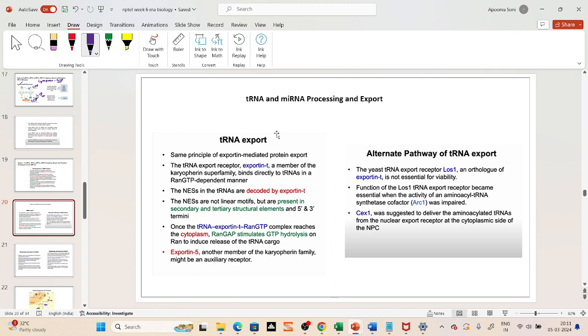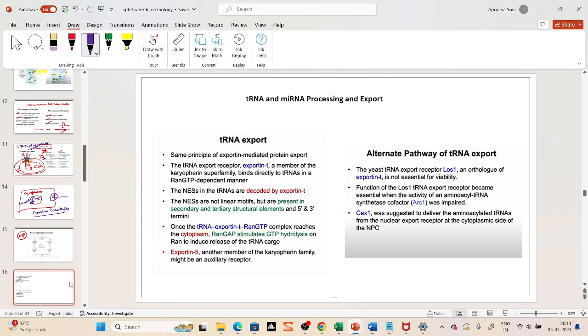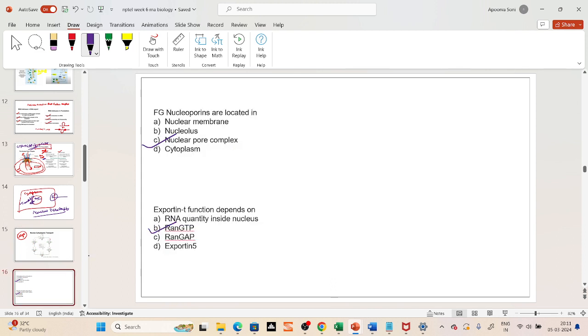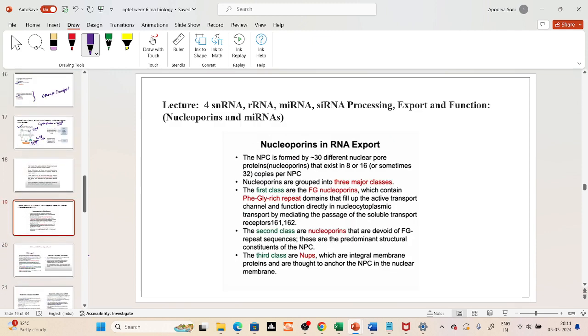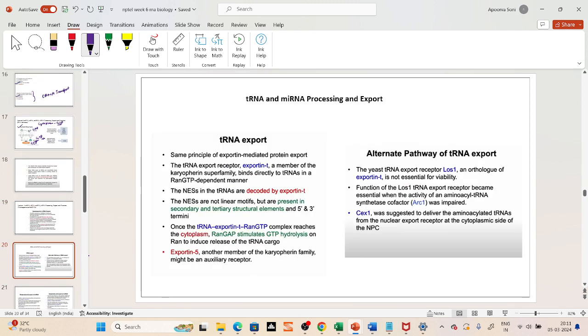Although in general also it is required, exportin T functions basically for tRNA transport. But in general also, if we're talking about exportin function, it requires RAN GTP. So here it is written: exportin T is the receptor and it functions in a RAN GTP dependent manner.